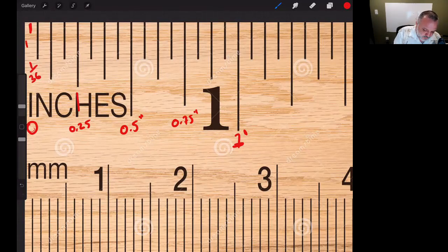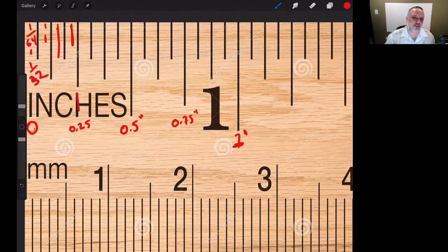So in between would be 1/64. Now, when we're doing construction work, when we use inches, the tolerances, we don't need that kind of precision.